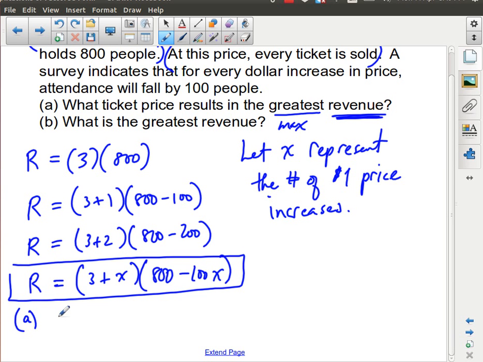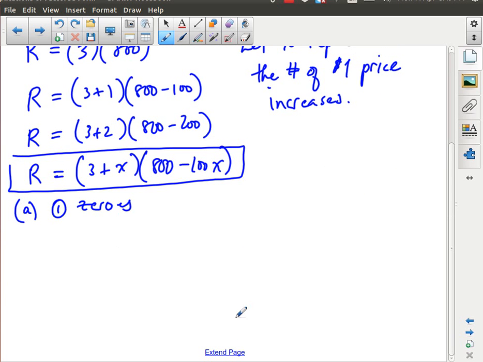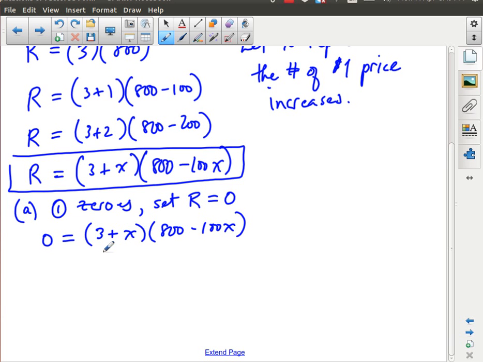Well, the first thing I do is find my zeros. The way I'm going to do that is set R equal to 0. So I get 0 equals (3 plus X)(800 minus 100X). And that's only possible if 3 plus X equals 0, or if 800 minus 100X equals 0.